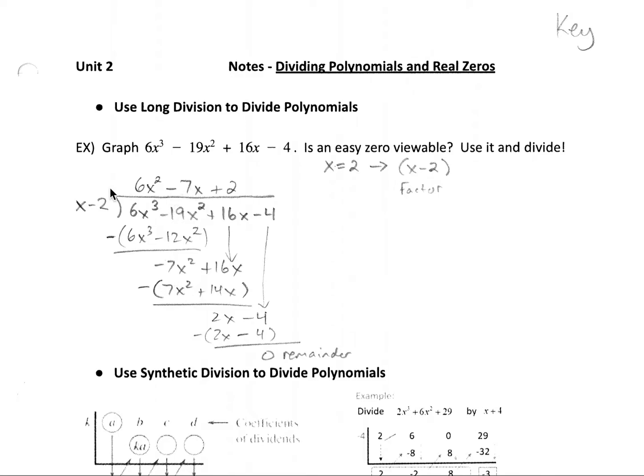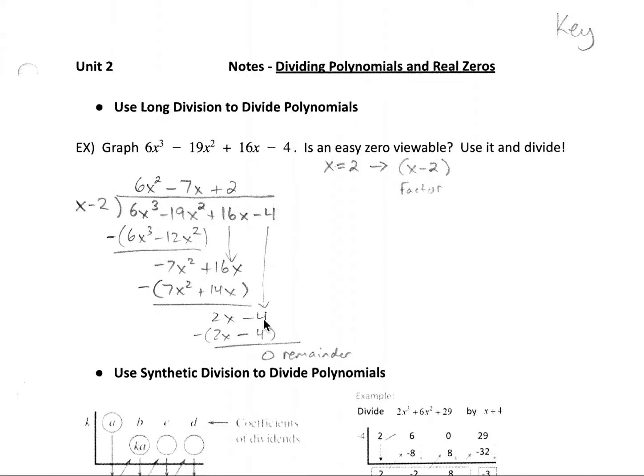And then negative 7x times negative 2 would be positive 14x. If I distribute my negative, there was a negative right there, so that makes it positive. Again, I get 0 in this column, but distributing the negative over to the 14x makes it negative, so 16x minus 14x gives me 2x. And we're going to repeat the whole process one more time.